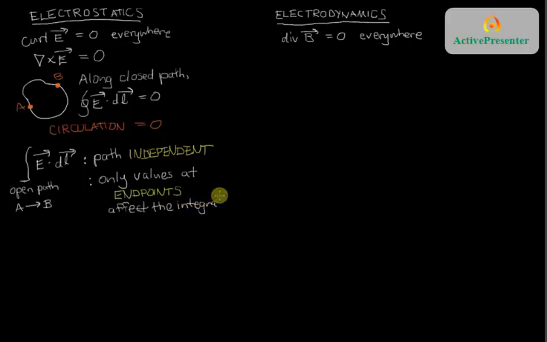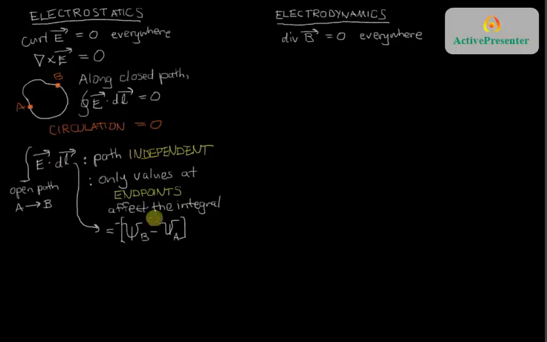So this is a special type of integral whose value only depends upon the endpoints, not upon the path you take. And that means that this has got to equal something like phi B minus phi A. To be absolutely technical, in this derivation there's going to be a minus sign in front of that, but that's not that important.